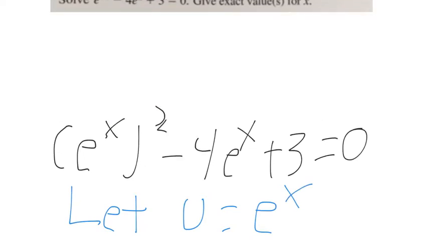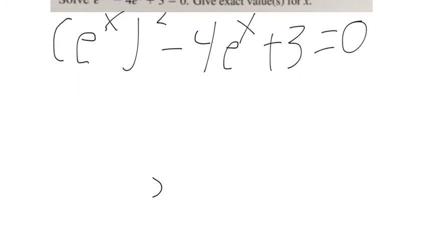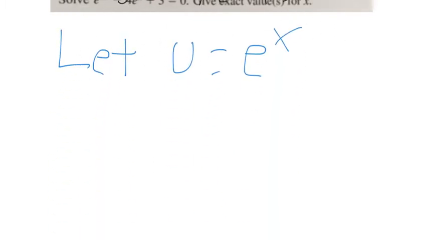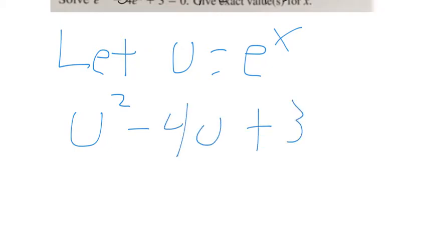Then this quadratic, instead of e to the x raised to the second, would just be u raised to the second. Instead of minus 4 times e to the power of x, it'd be minus 4 times u plus 3 equals 0.